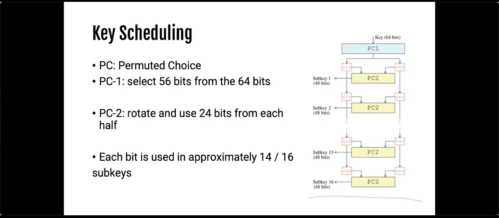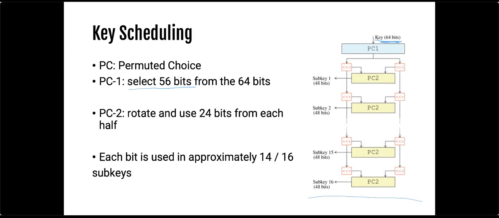The way that it works is that given the key, which we just mentioned is 64 bits, it will first do a permutation. It will select 56 bits from the 64 bits.